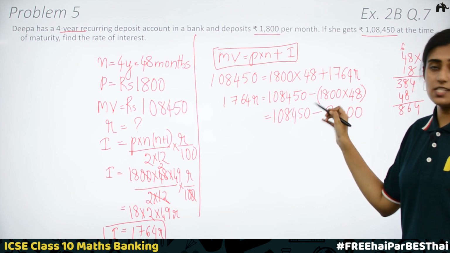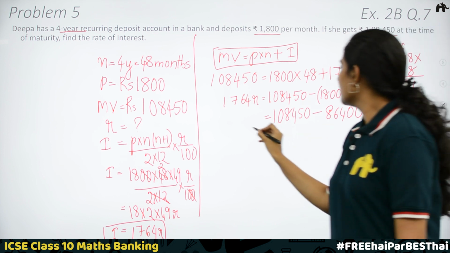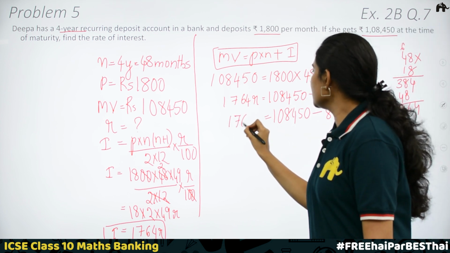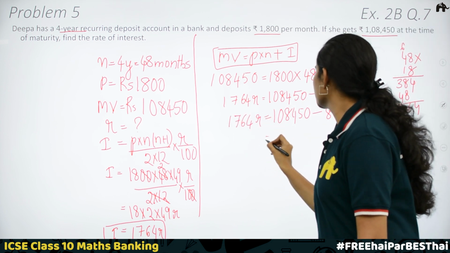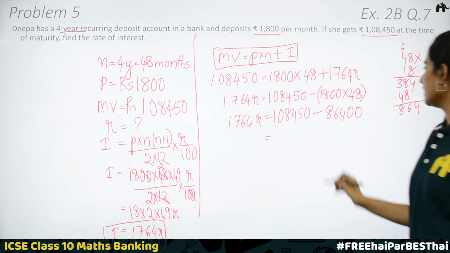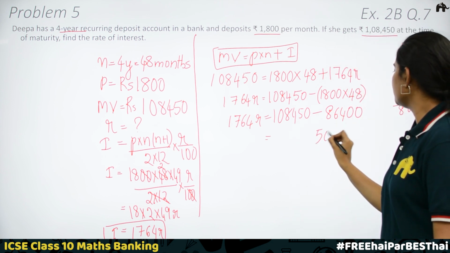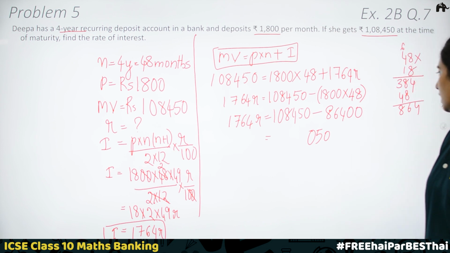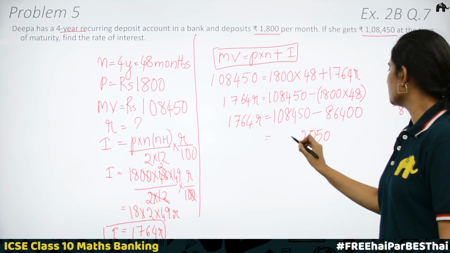Never forget to put the zeros. 1764 R. Now we need to subtract these. 50, 0, 2, 2.